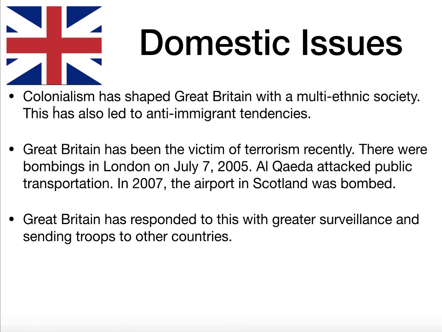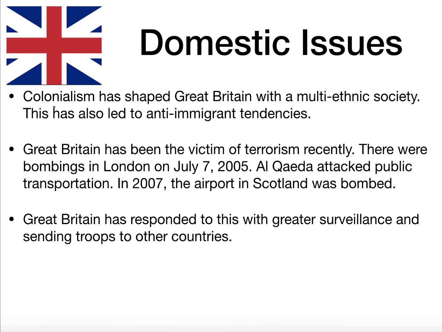All right, domestic issues. Colonialism has shaped Great Britain, and they do have a multi-ethnic society, but there is a lot of anti-immigrant sentiment, which also contributed to the Brexit vote. Great Britain has been the victim of terrorism. There were bombings at 4 different transportation sites on July 7th, 2005, and in Scotland, the airport was bombed in 2007.